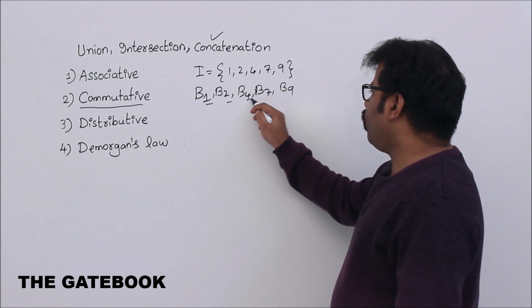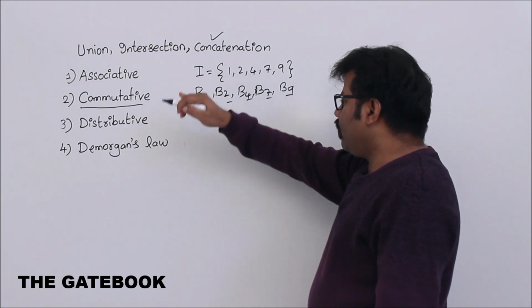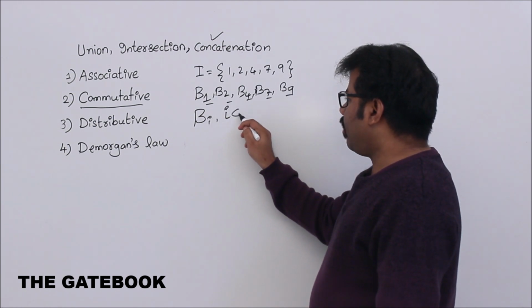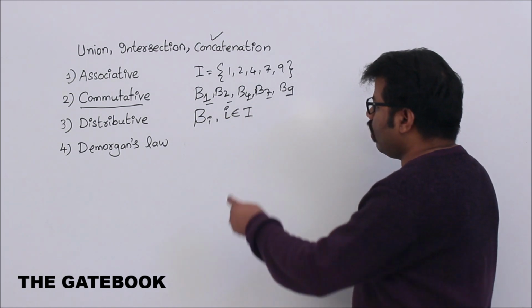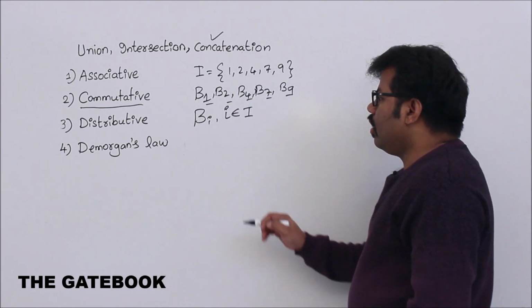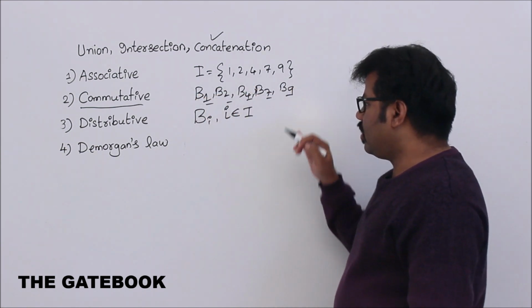See, I am using 1, 2, 4, 7, 9 to index them. Now I use Bi where i belongs to capital I. If I write like this, that means for every i belongs to capital I, there is a set called Bi. In that way, with one single variable, we can define multiple sets, right?